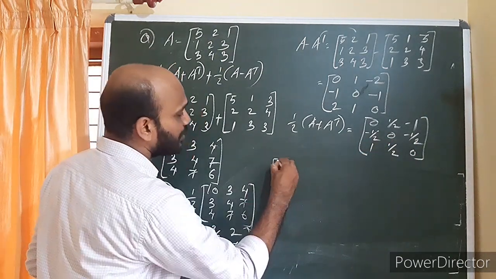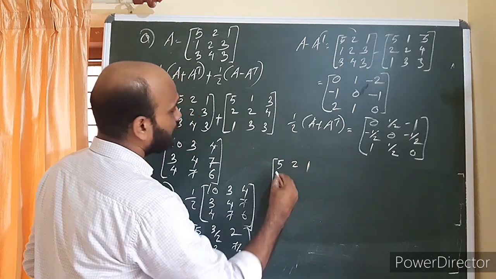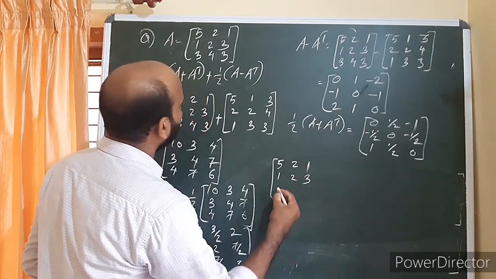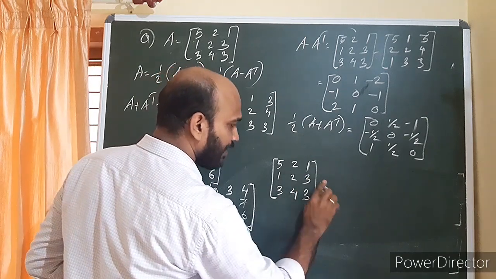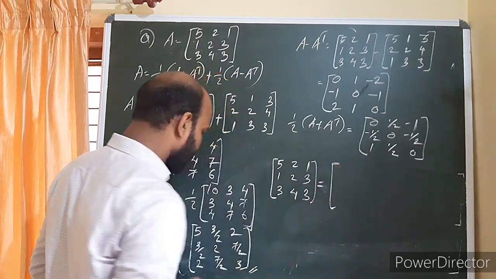So left hand side is 5, 2, 1, 1, 2, 3, 3, 4, 3, then equal to symmetric.